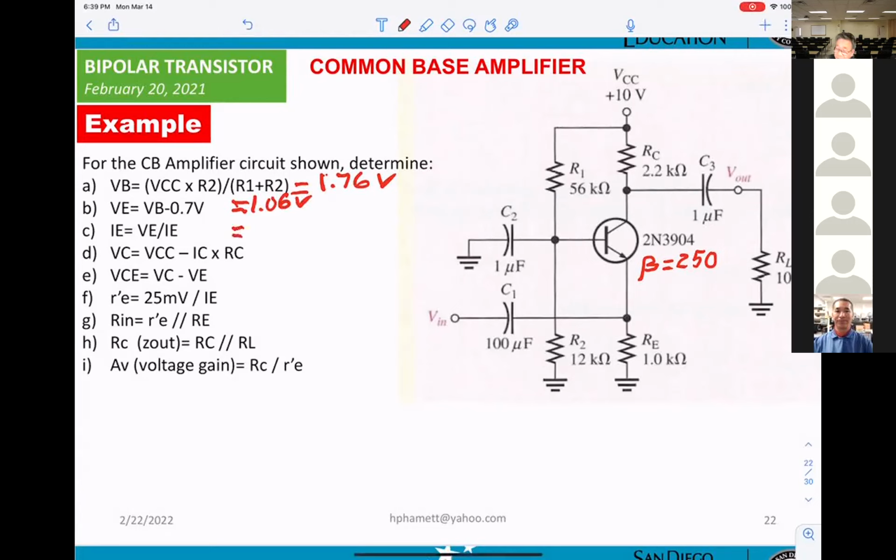And the current. 1K, that's telling you 1.06. Okay, tell me VC, okay? You need to do a little more calculation. You have to calculate the IC. But what I want is VC.